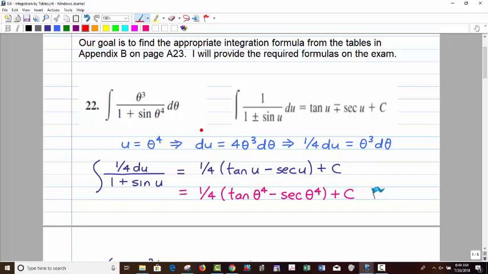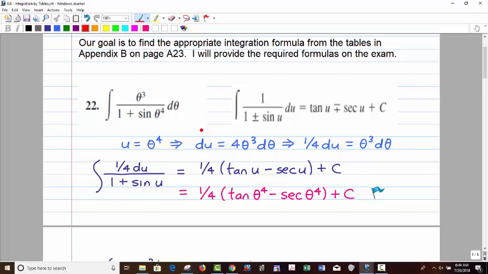Now these aren't going to be really overly difficult, but where people do mess this up quite often is they don't appropriately adjust for the u and du. That's the key here. You have to adjust for the u and du to get this thing exactly right. Because it's real tempting just to plug it right in the formula and not even have to think about it.